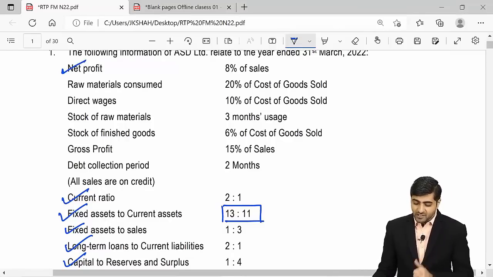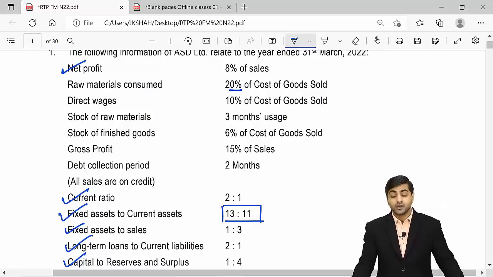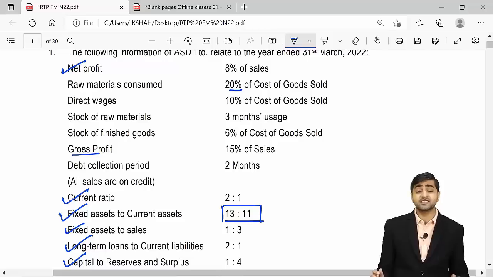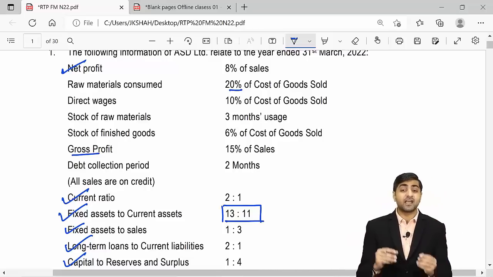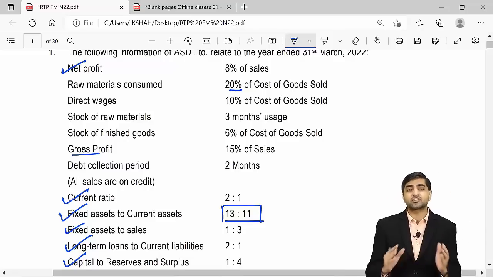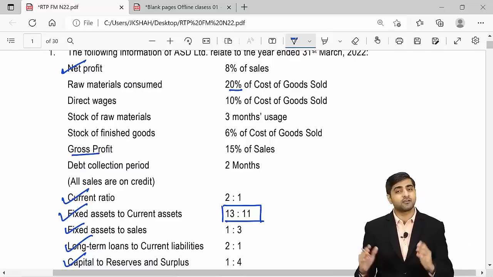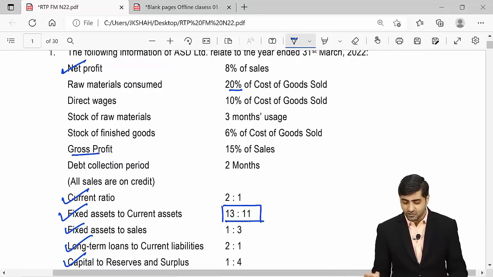your raw material consumed, which they have told you is nothing but 20% of your cost of goods sold. But before that, let us first calculate your gross profit, because guys, your thinking process should be what? That we have the sales available, we have the GP percentage available. So sales into GP percent will actually give you your gross profit, and sales minus gross profit will eventually give you your COGS. So we have the gross profit as 15% of sales.